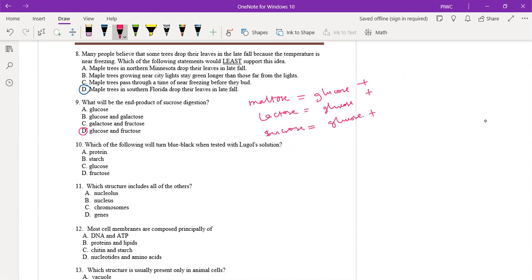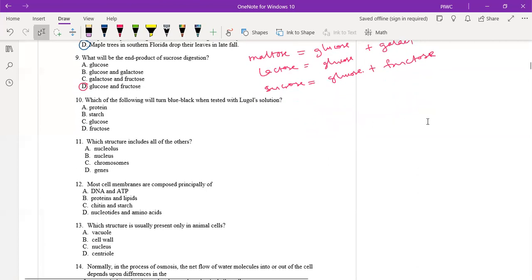Lactose rhymes with galactose. Sucrose, in my mind, goes with fructose. It sounds nice in my ears like that. And then maltose is glucose and glucose. If you figure out the last two, you can think of maltose as glucose, play around with lactose, galactose, and sucrose, and you can figure out the fructose.